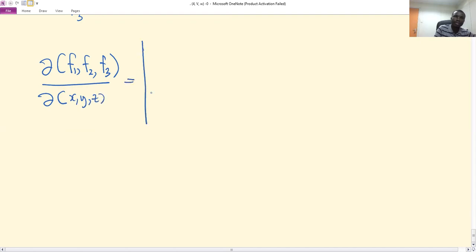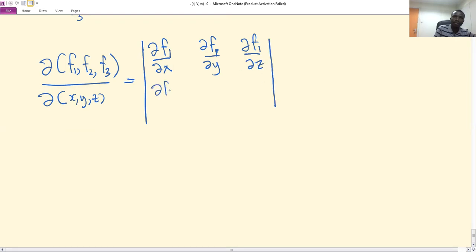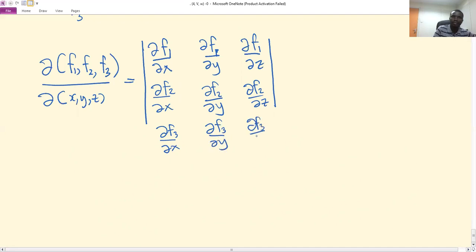By definition, this is given by the determinant with rows: partial f1 partial x, partial f1 partial y, partial f1 partial z; partial f2 partial x, partial f2 partial y, partial f2 partial z; and partial f3 partial x, partial f3 partial y, partial f3 partial z.